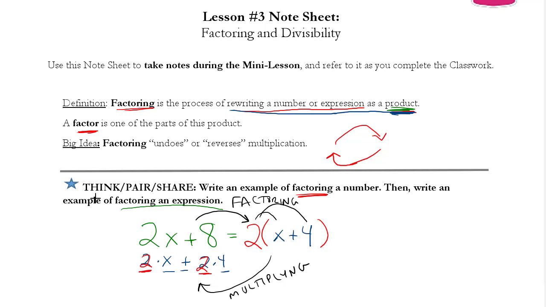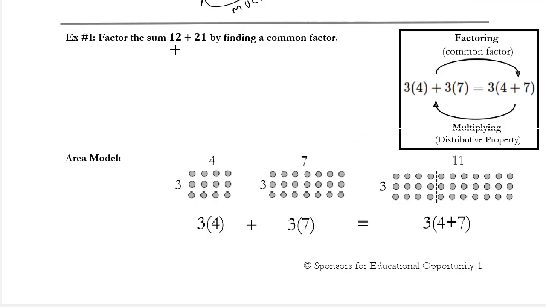Okay, let's keep going. Example number 1, factor the sum 12 plus 21 by finding a common factor. So we're going to do this fairly quickly. 12 I can rewrite as 3 times 4, right? We agree that 12 is 3 times 4. 21 I can rewrite as 3 times 7.